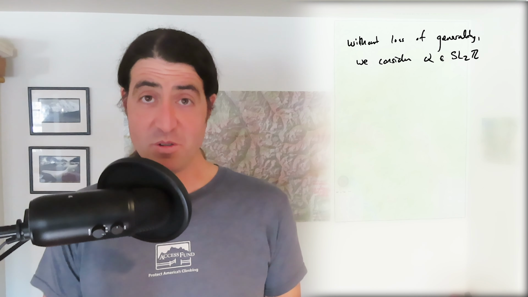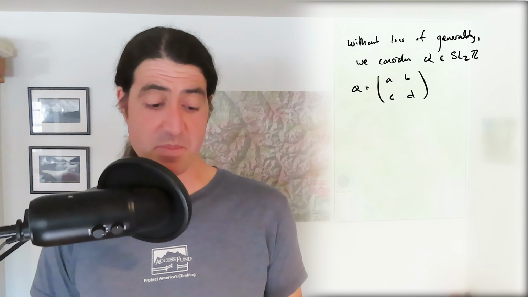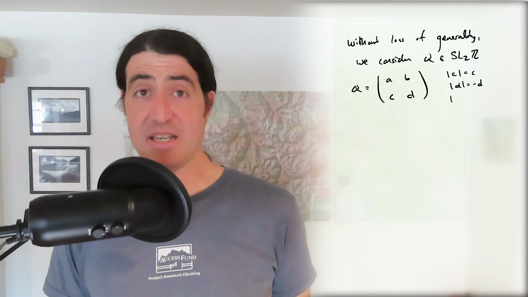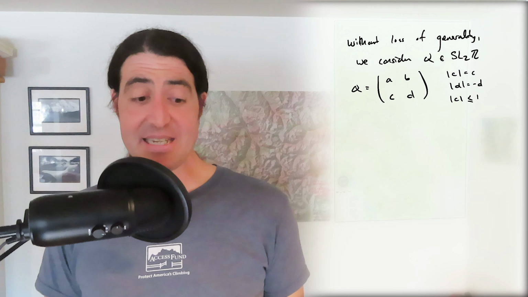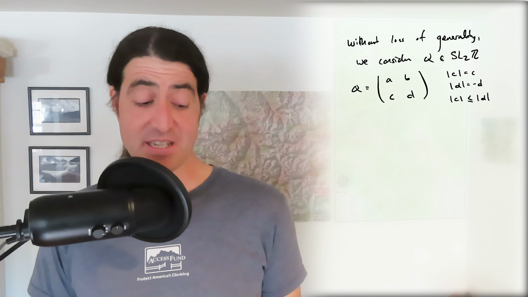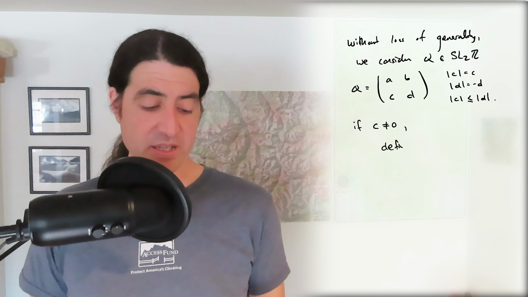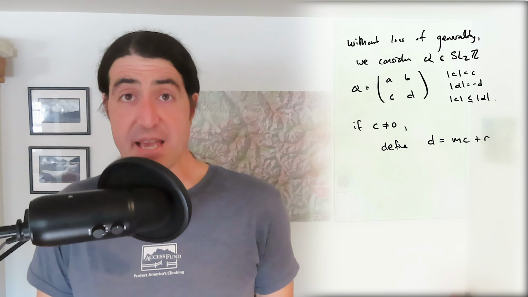Without loss of generality, we can consider an alpha in SL2Z subject to two requirements given to us by the lemma, namely that C is positive, D is strictly negative, and that the absolute value of C is less than or equal to the absolute value of D.